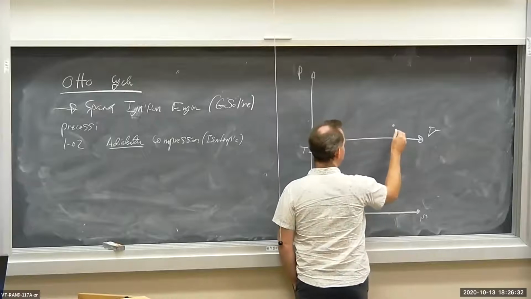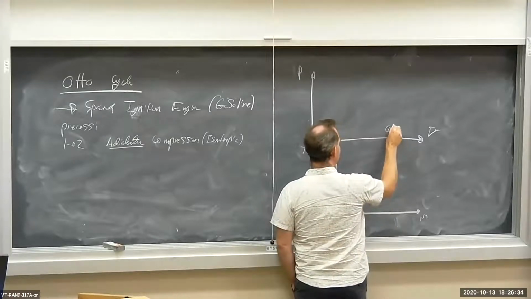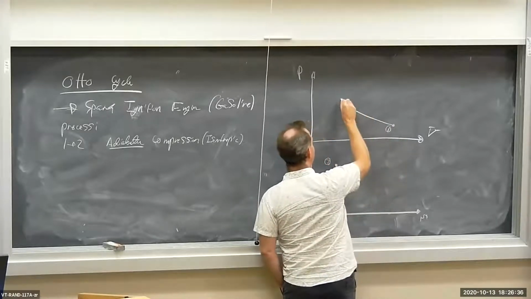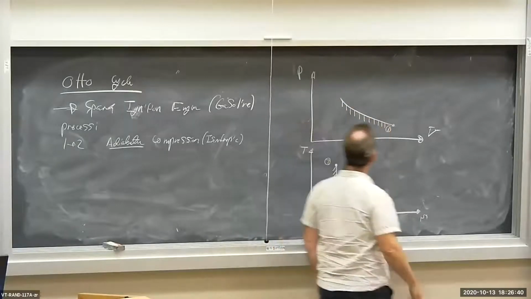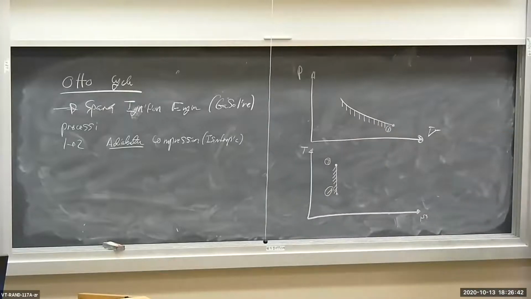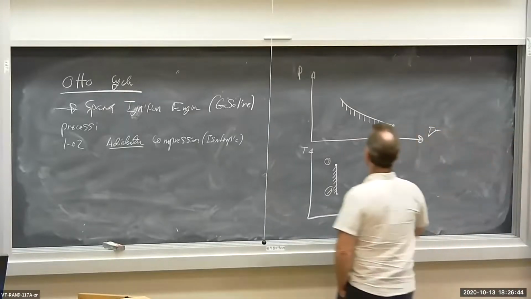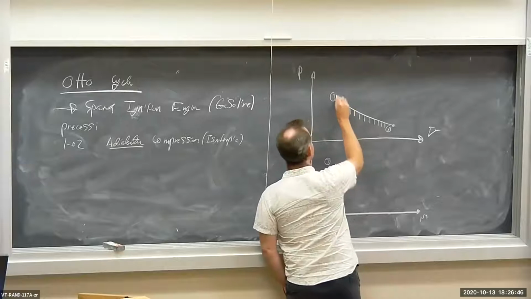In terms of the PV diagram, here's state 1. We are compressing it adiabatically, so pressure goes up. Pressure goes up as volume goes down. So here's state 2.